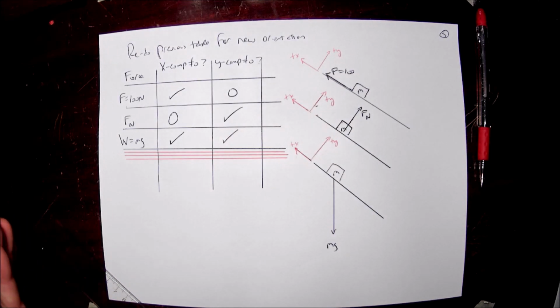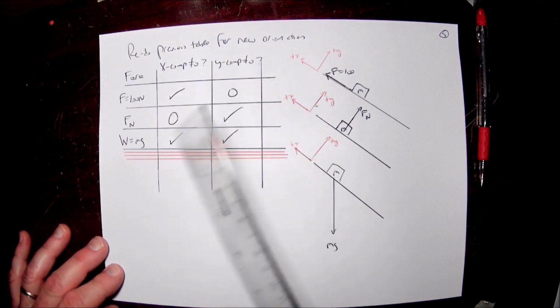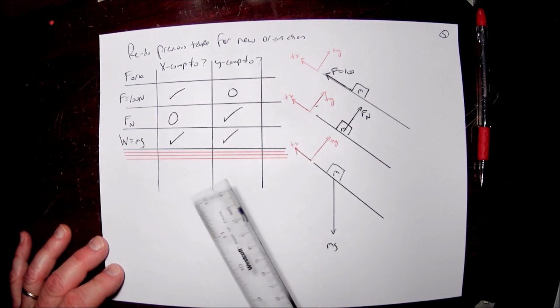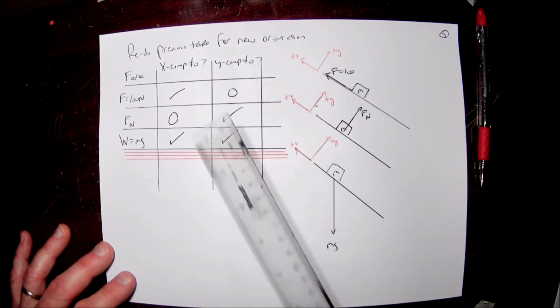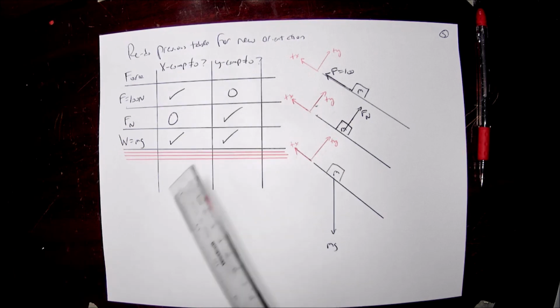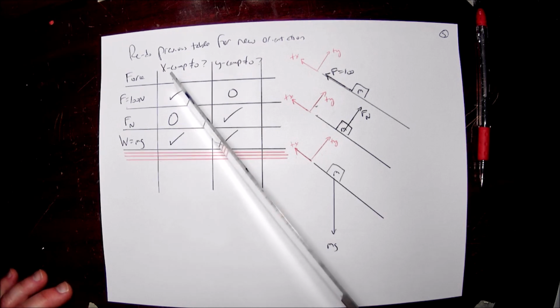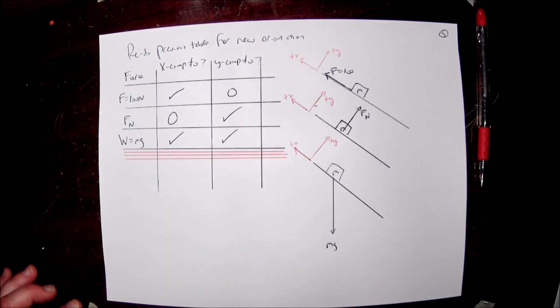It doesn't look like there's a big payoff here for this trouble. We now have 4 non-zero components versus the last time we had 5. But we only have one force which actually has non-zero components. The other forces are either completely along the X or completely along the Y, which makes them easier to figure out.